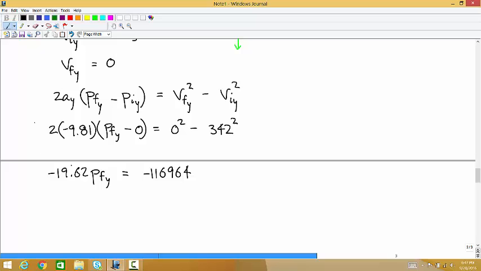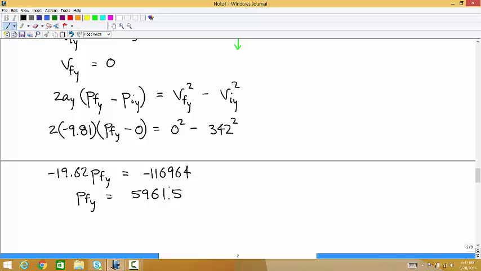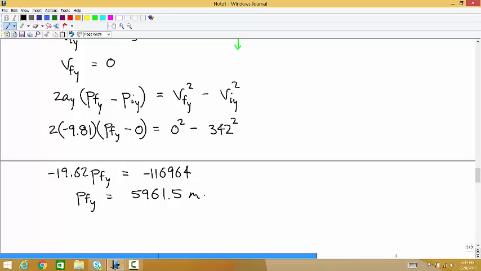Okay, so now divide both sides by 19.62. And what do you get there? 5961.5. Is that negative? It's not negative, right? The negatives cancel. And this is meters.